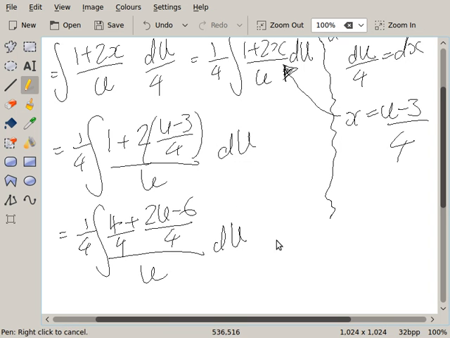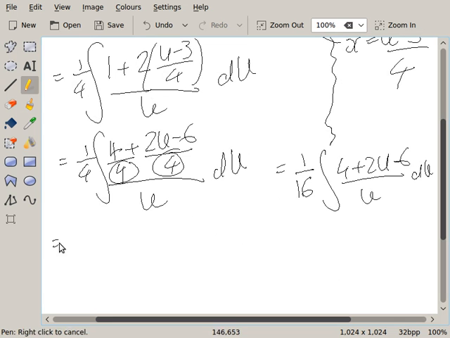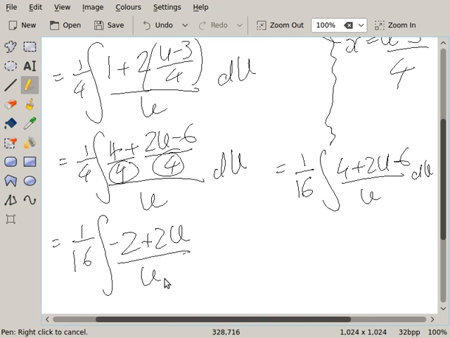So then I can have 1 over 16, because I can take this out: 4 plus 2u minus 6 over u du. Four minus 6 is minus 2, plus 2u over u du.